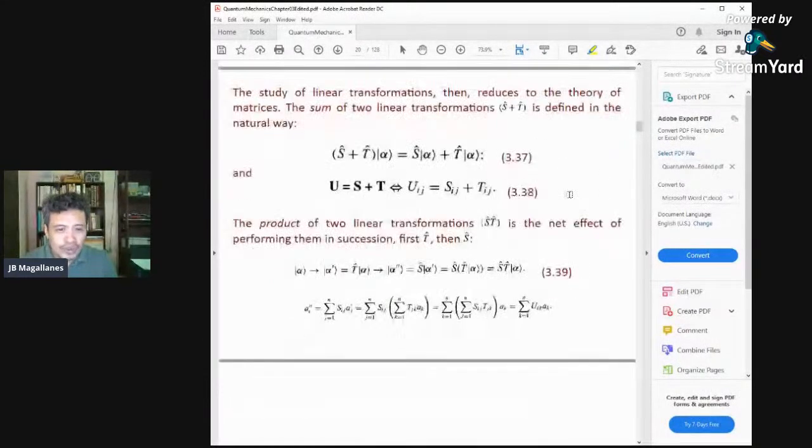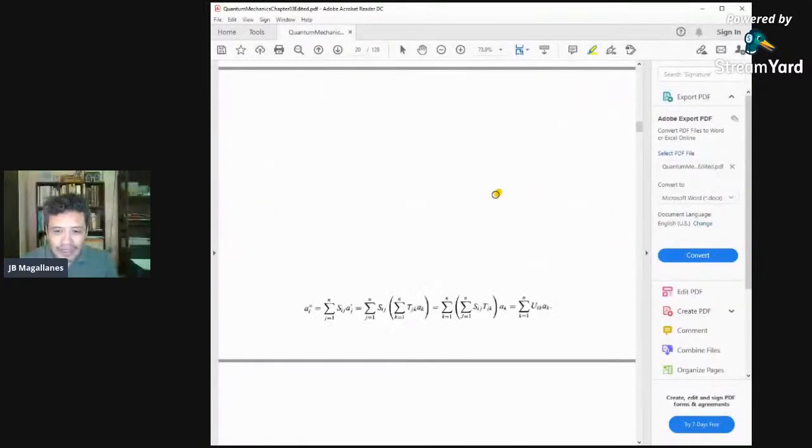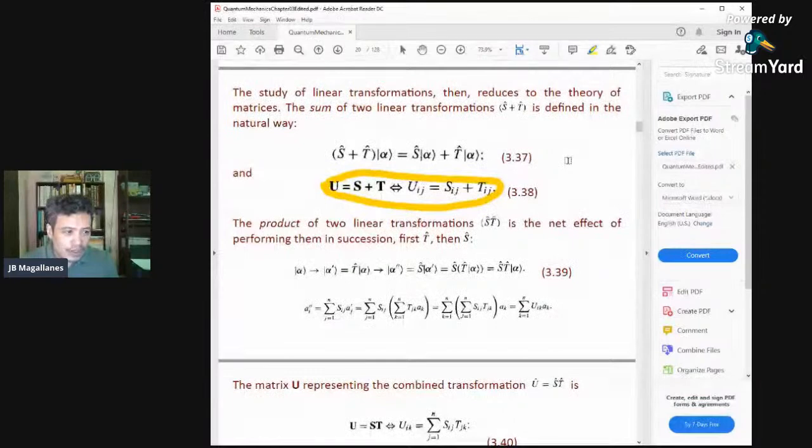Or if you do that in matrix, you have the sum of the matrix as U equals S plus T, where U is the combined or the sum of S and T. So the elements there are also the sum of the respective elements of S and T. That's what it says in equation 3.38.